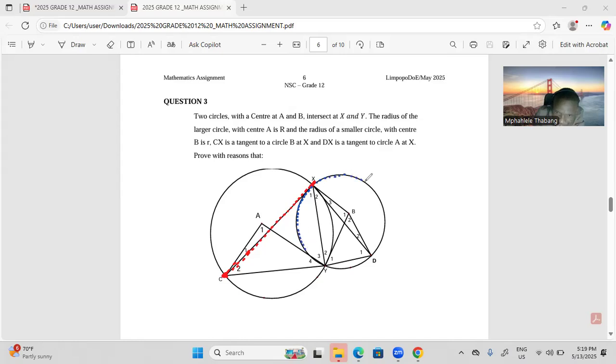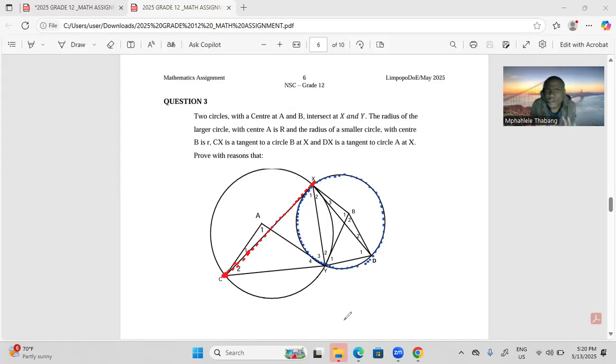Guys, once they give you a tangent, watch out for the tan-chord theorem. You have to know your theorems very well in this case. Once they give you a tangent line, look for the theorem which says the angle between the tangent and the chord is equal to the angle in the other segment.